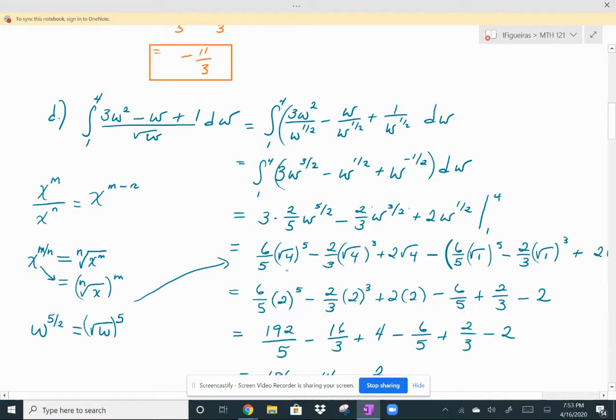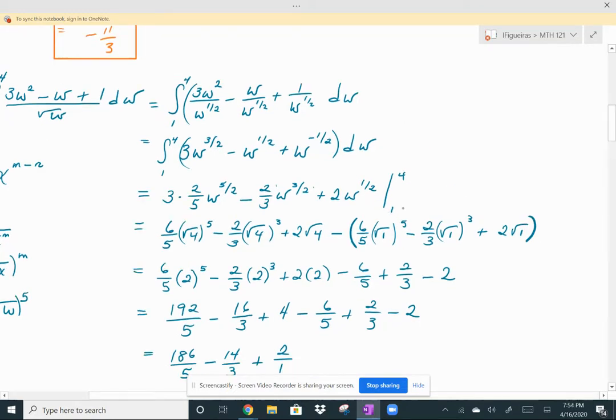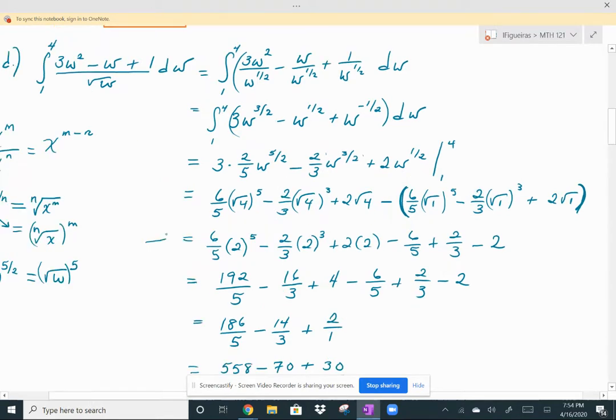So I have 6/5 square root of 4 to the 5th minus 2/3 square root of 4 to the 3rd minus 2 times square root of 4. And then you need to subtract when you plug in the lower limit. And because I have to subtract 3 terms, I have these parentheses around the next 3 terms when you plug in 1. All right, so what I did here was I actually took the square root of 4 in the above line.